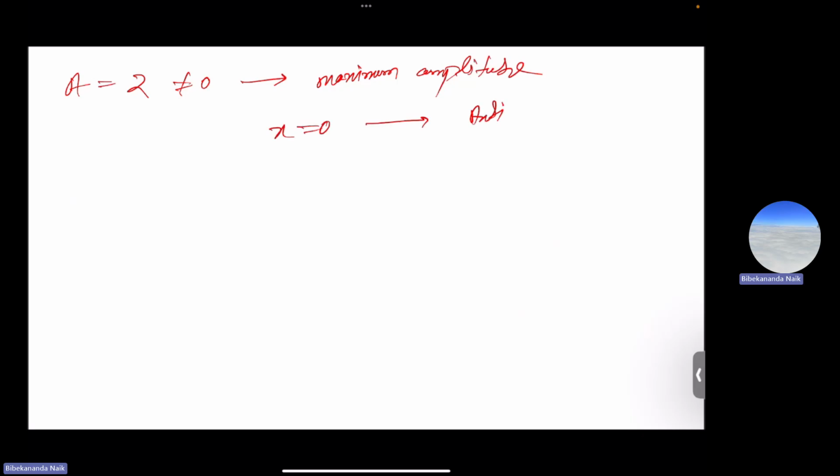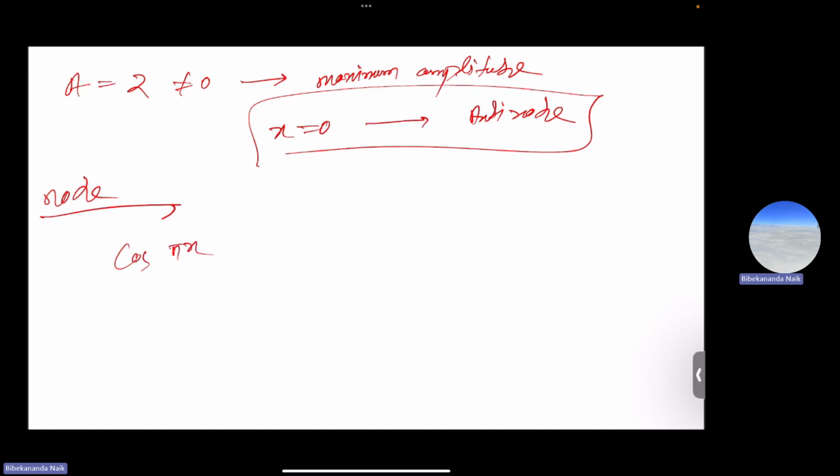So since 2 is the maximum amplitude, x equal to 0 is an antinode.